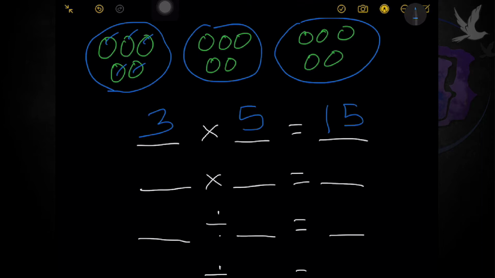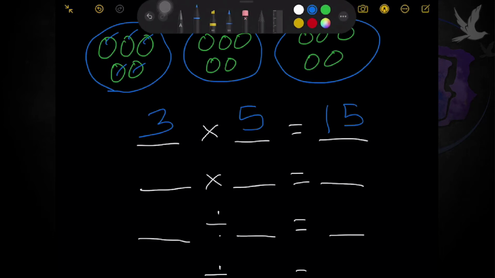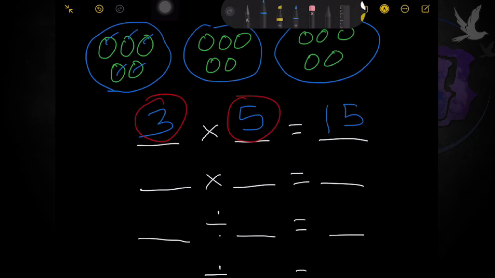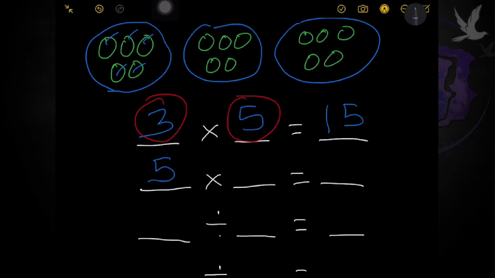One thing about multiplication is, even if you're going to switch the numbers, okay, in this case, we wrote 3 and 5 here, correct? You wrote 3 and 5, which means even if you're going to interchange their places, even if you're going to write 5 here multiplied to 3, it will still give you the same answer.